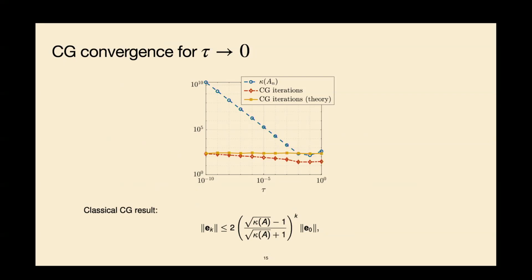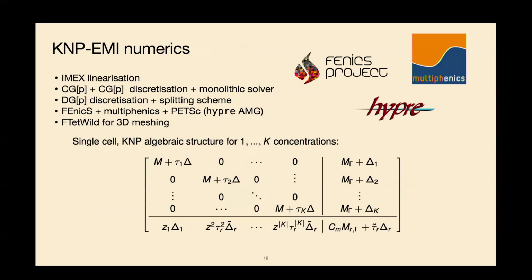And the thing here is that essentially you have just a few eigenvalues going to infinity. So the condition number is going to infinity, but you have a bounded number of eigenvalues going to infinity. And so in this case, there is theory by Axelsson and Strakoš, essentially, that you still have a bounded number of CG iterations to convergence.